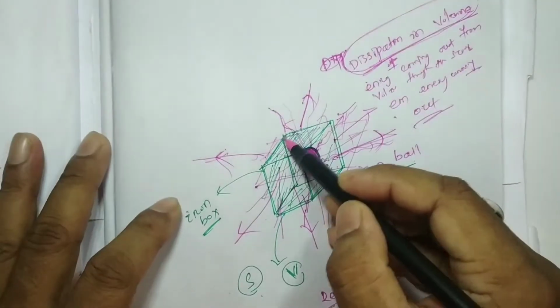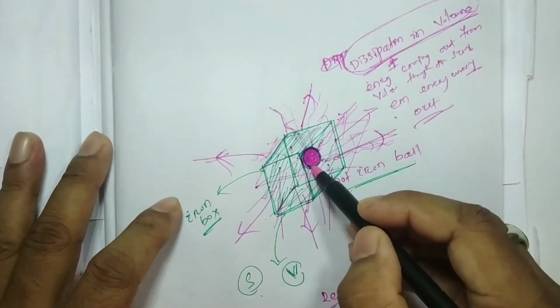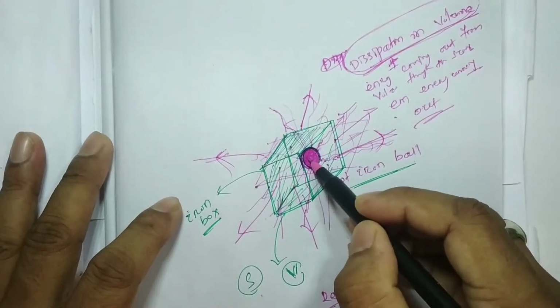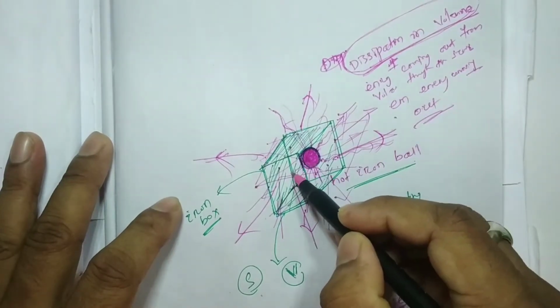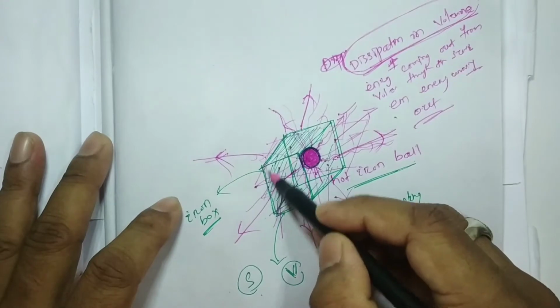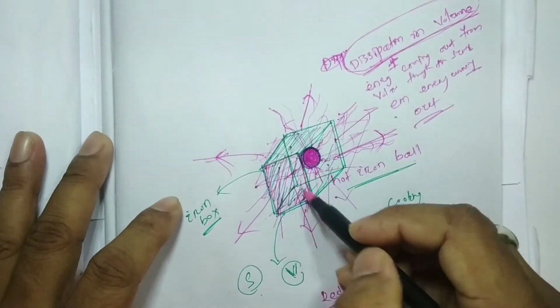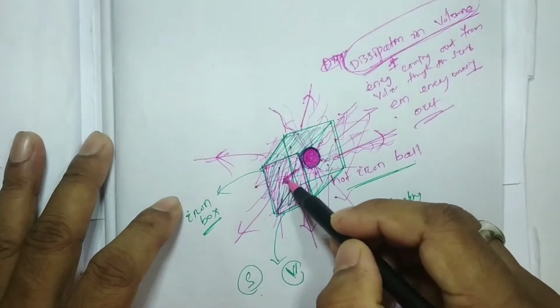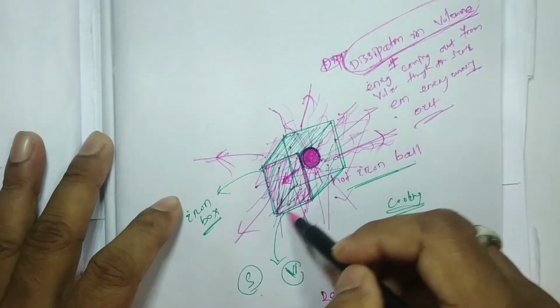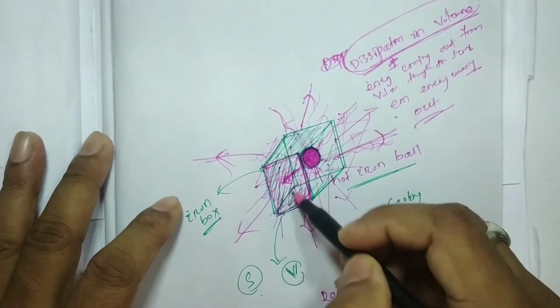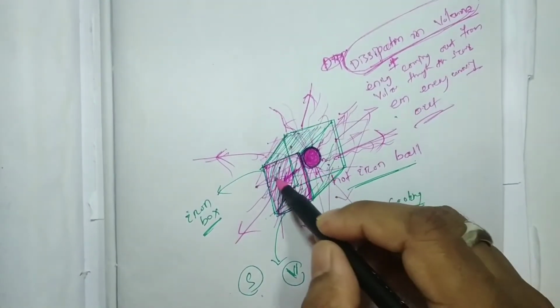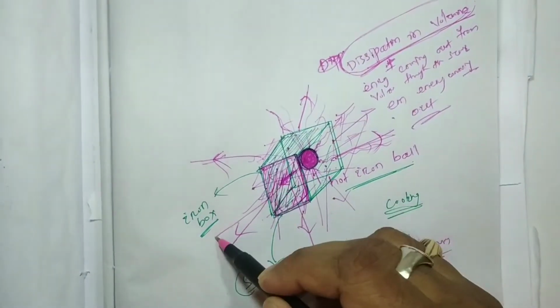Here this is the iron box. Whatever energy comes out from this hot iron ball will first strike the wall of this iron box. Whenever the energy first strikes the iron box, the iron wall is going to be heated. Then this surface is going to radiate the energy.